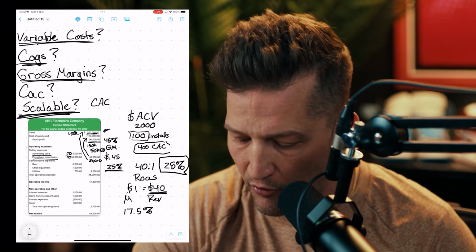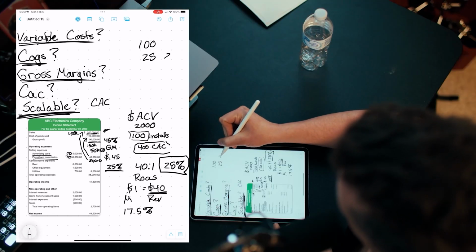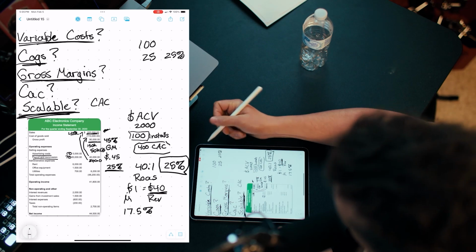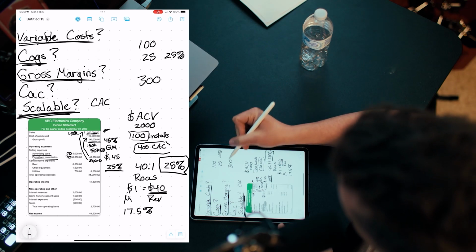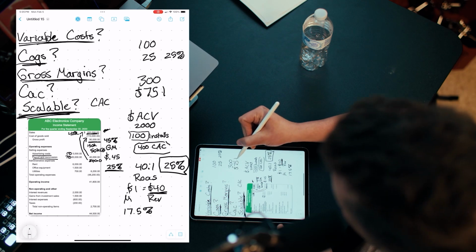That's the ultimate goal: if you can get economies of scale where expenses as a percent actually go down. For example, for every $100, if you had $25 in expense, that would be 25%. If you went to $300, you would hope that it was $75 or less.